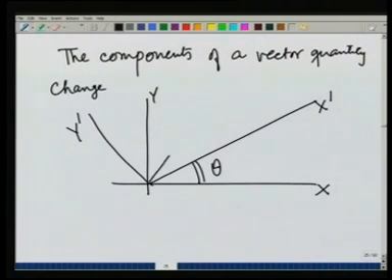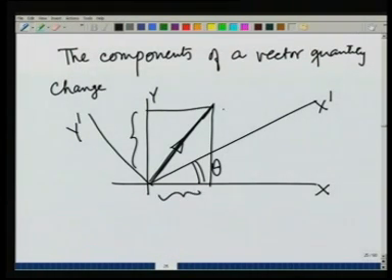For the same vector quantity, which in space is still pointing in the same direction and has the same magnitude, this is going to be the x component, this is going to be the y component. On the other hand, the x prime component is going to be this and the y prime component is going to be this.